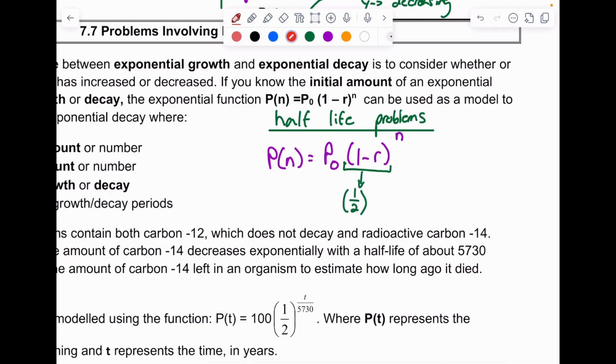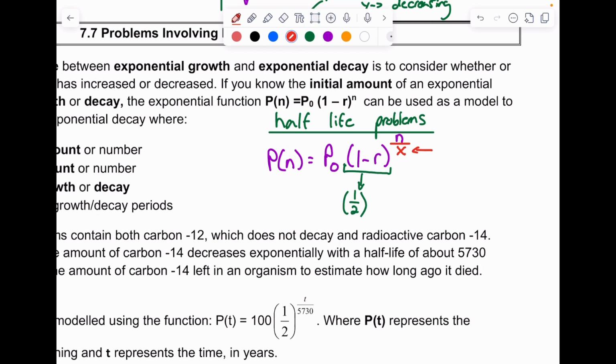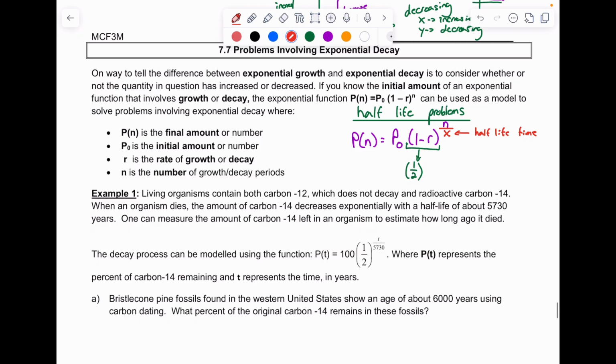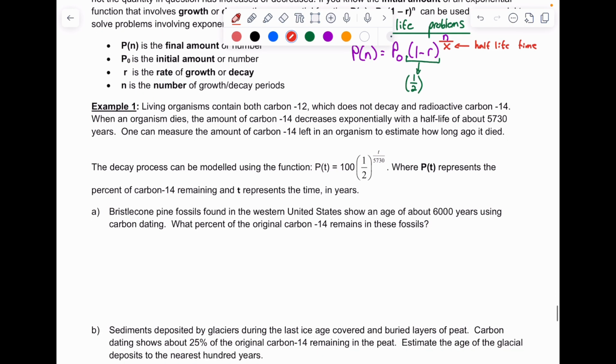Now, the thing I want to add is this variable on the bottom right, this variable x. The problems will usually say it has a half-life of x amount of days or years or something. This is the half-life time. So if it ever says half-life time, that's where you put that. It is your exponent divided by that amount. That will make sense as we get into this first example.